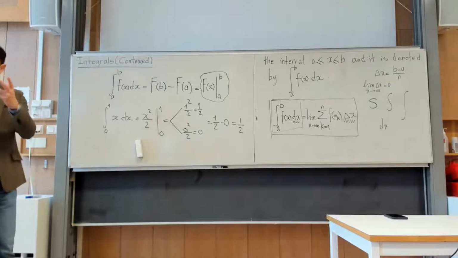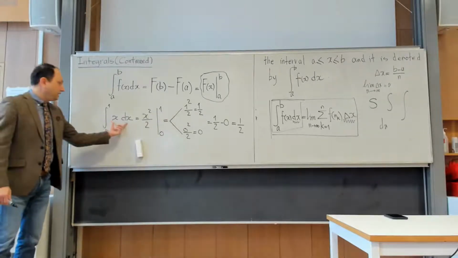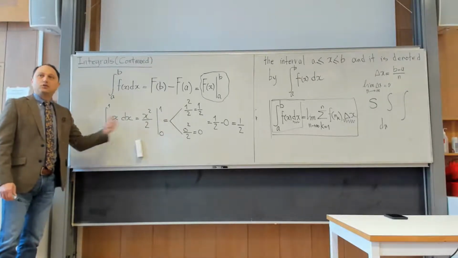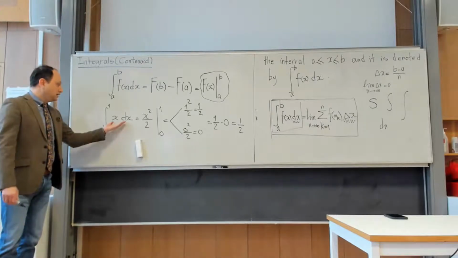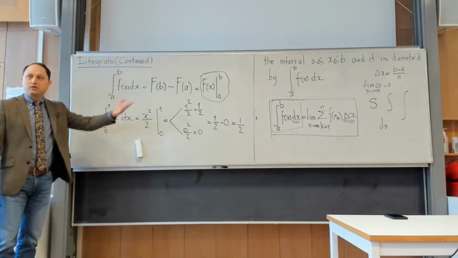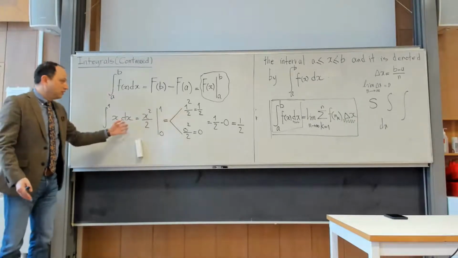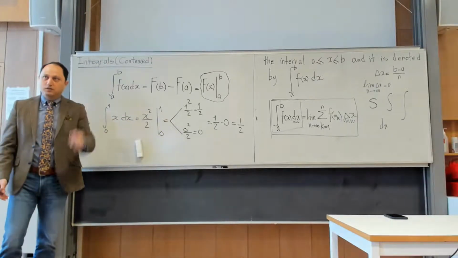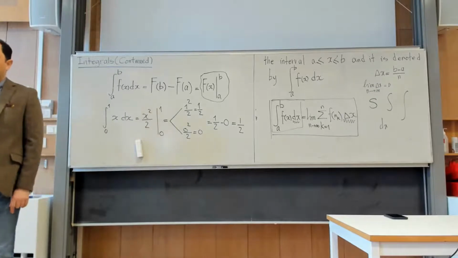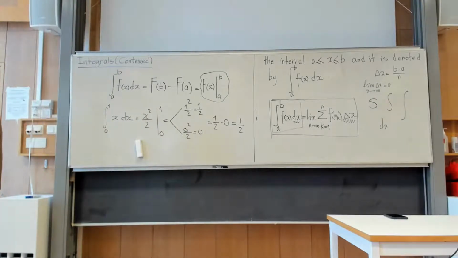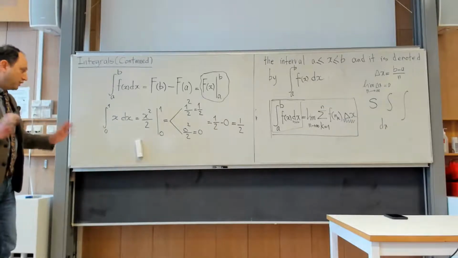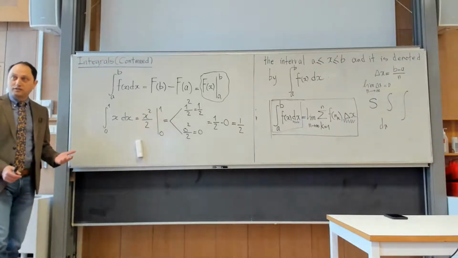Okay, now let me ask you another question. This is important: how can you interpret this integral as an area? Can you tell me this number represents which area? Can you draw a graph for me to say that, okay, this integral represents this area? Yes? The area under the curve between 0 and 1 is correct, but which function?